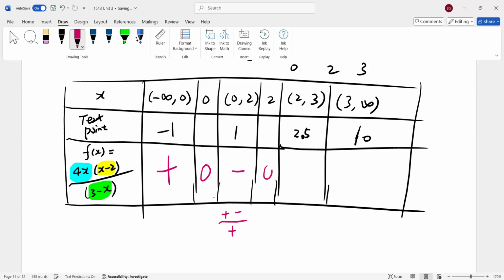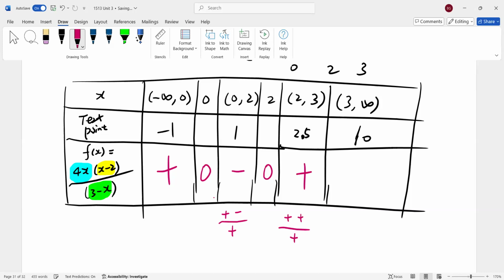At 2, 0. 2.5 will make the blue positive, would make the yellow positive. Yeah, 2.5 is bigger than 2, so 2.5 minus 2 is positive. We'll make the green also positive. 2.5 is less than 3, so if we use 3 minus 2.5, we're going to get positive. So everything is positive.